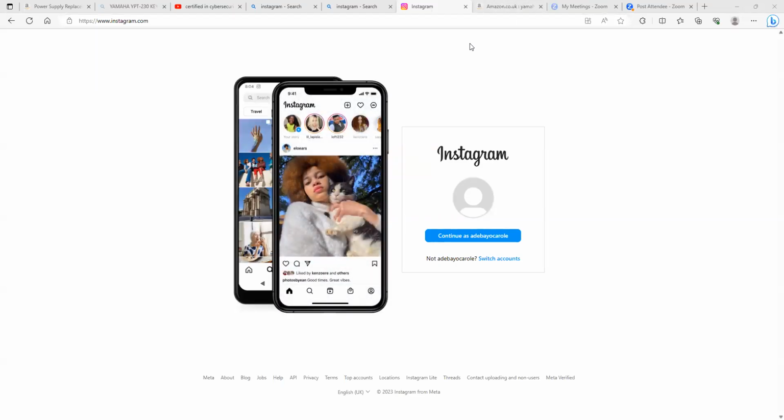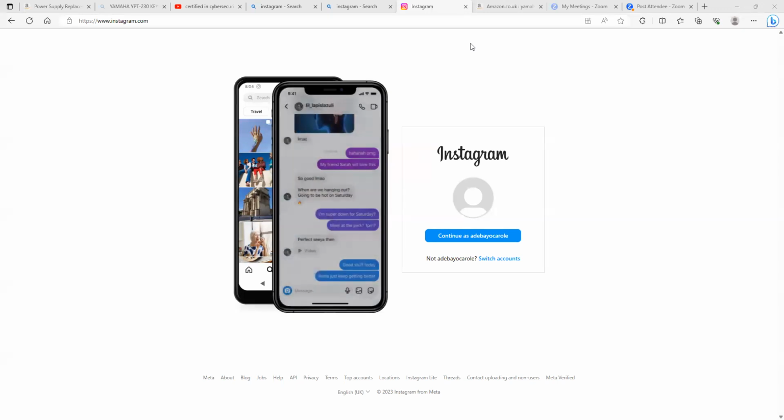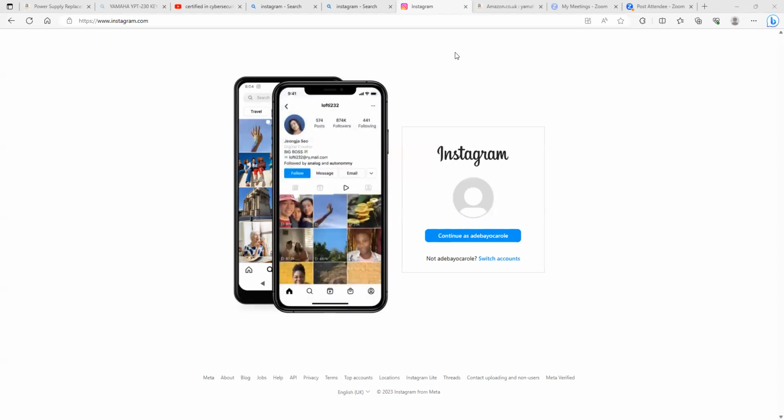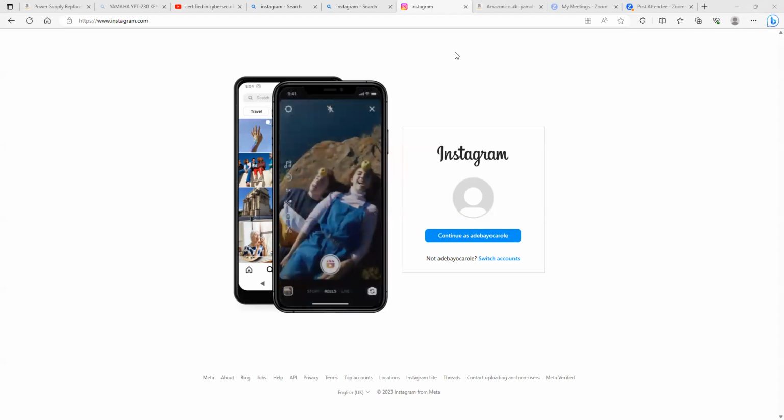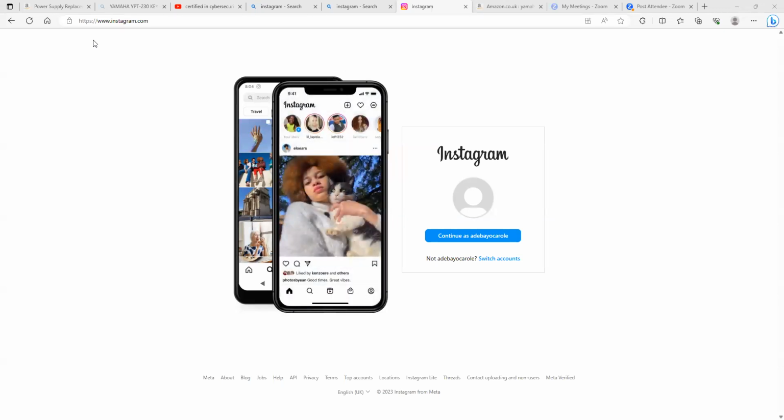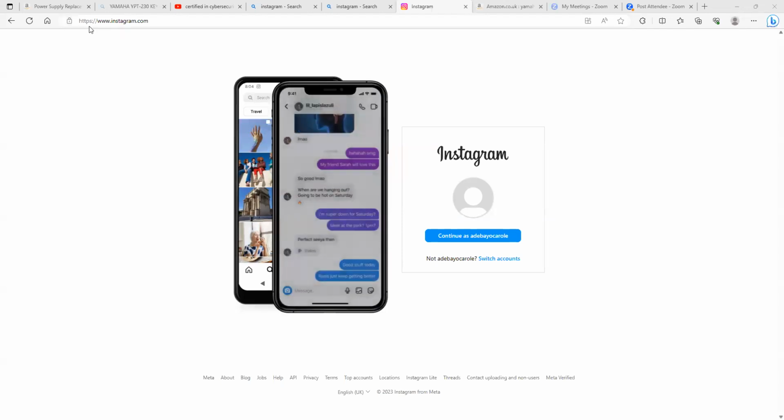Okay, so to view an organization's public key that is used to view secure messages or to access their site securely, to view their public key or their certificate, in other words, you come onto a website such as Instagram.com.